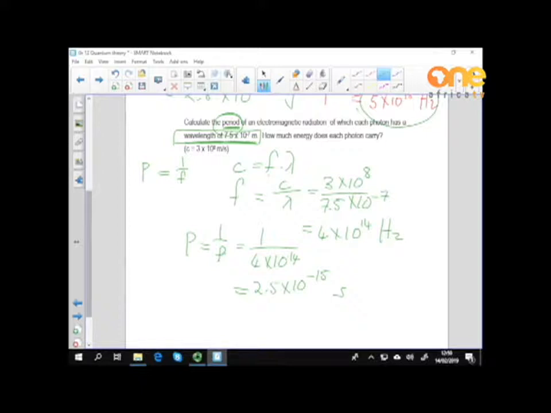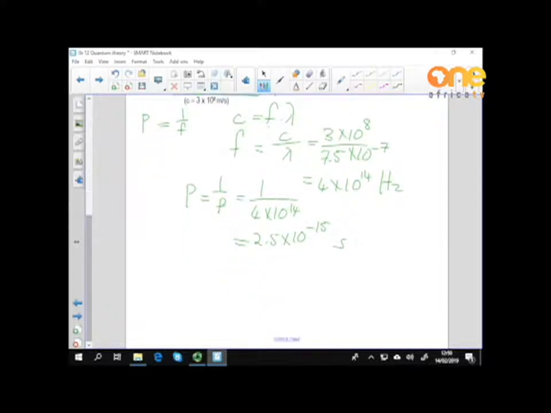Now the next part: how much energy does each photon carry? Well, that is fairly easy. E equals h times f. Have we got the frequency? Yes. So we have 6.6 times 10 to the power minus 34, that's Planck's constant, times 4 times 10 to the power 14.